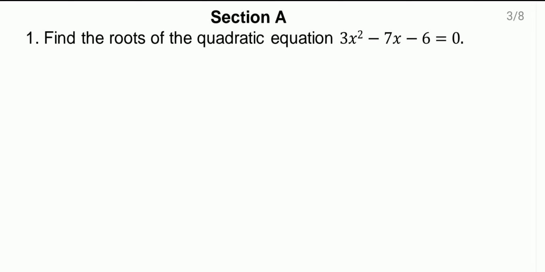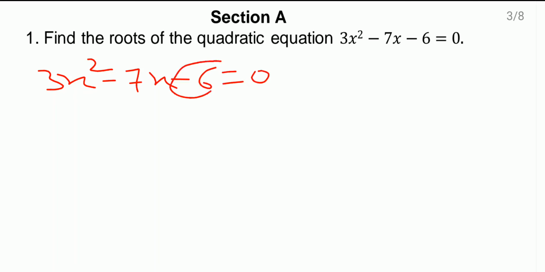Now roots, we can find by splitting the middle term or by using the formula also. Okay, so see here, I'll write down the equation: 3x² - 7x - 6 = 0. Now this -6 and this 3, if I do the product, it comes as -18 and the sum is -7.